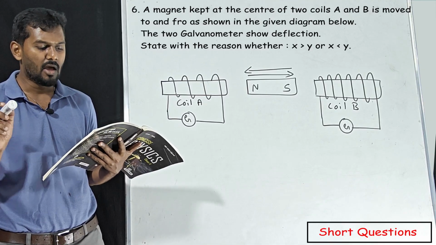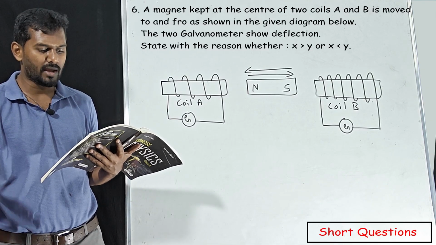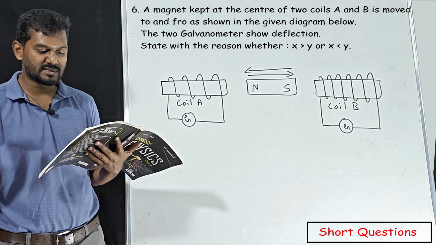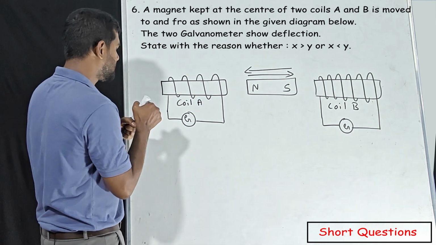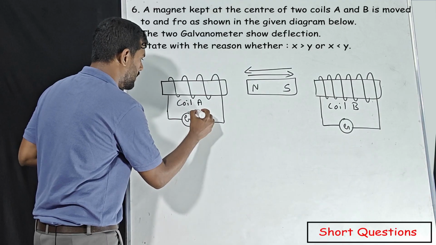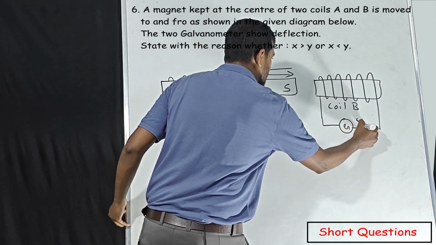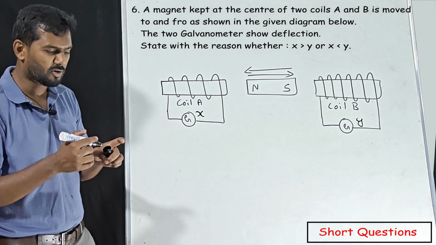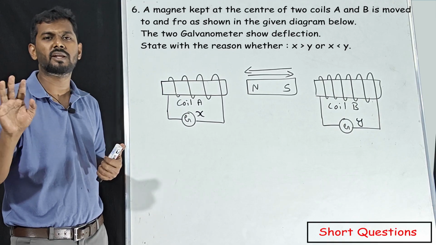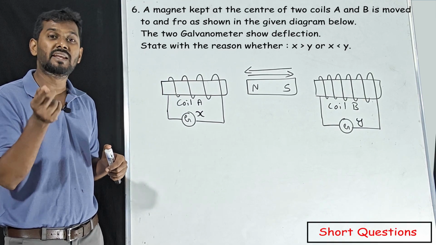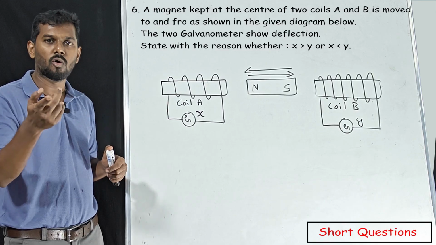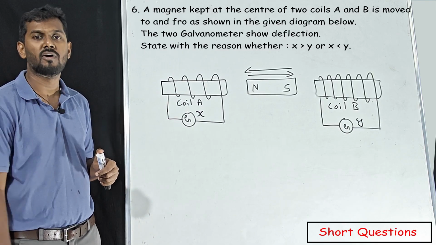State the reason whether x is greater than y or x is lesser than y. Here this is galvanometer x, and this is galvanometer y. What do you mean by galvanometer? The galvanometer is a device with two functions: it detects weak current, and it shows the direction of current.